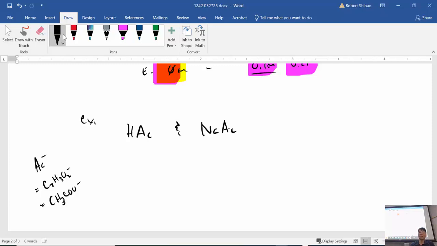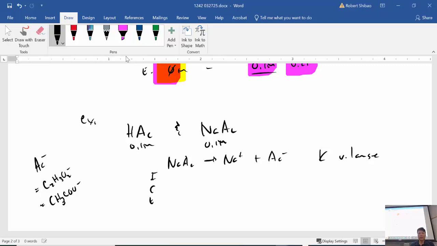Now this is going to make a difference. So what we do is we start off with the biggest first. So I'm going to start off with sodium acetate. Sodium salts are all soluble, so they ionize completely into sodium ions and acetate ions. K is very large. And so I'm going to do the same, 0.1 molar here.